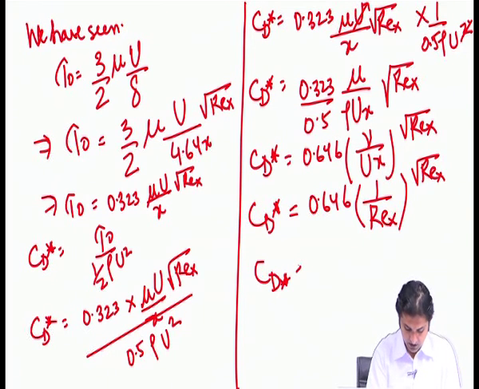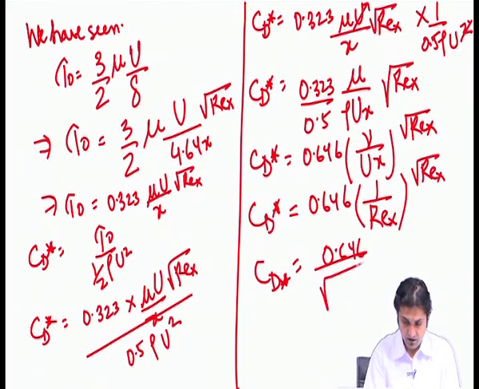So C_D star finally can be written as 0.646.